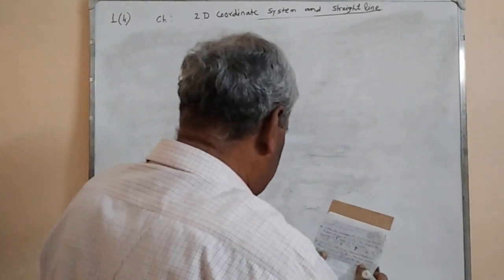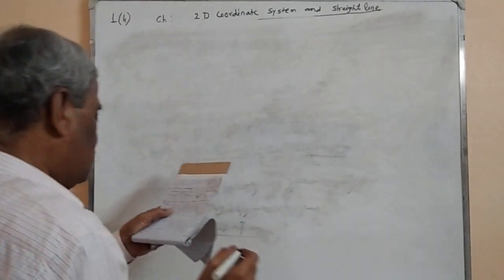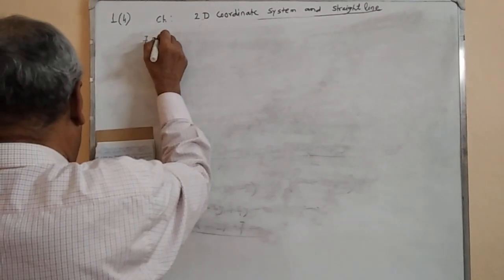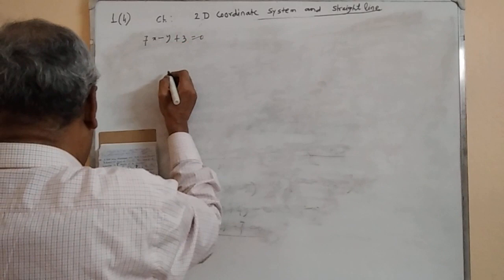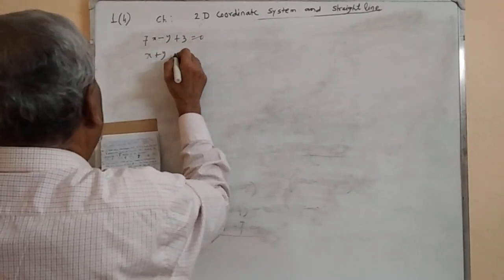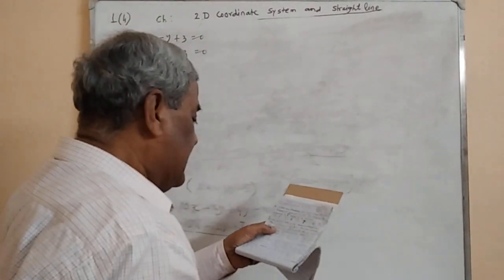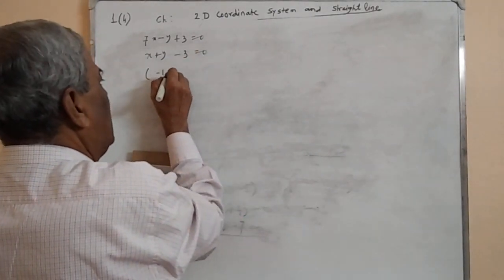My next problem. Two equal sides of an isosceles triangle are along 7x minus y plus 3 is equal to 0 and x plus y minus 3 is equal to 0. Its base passes through minus 1, 10.